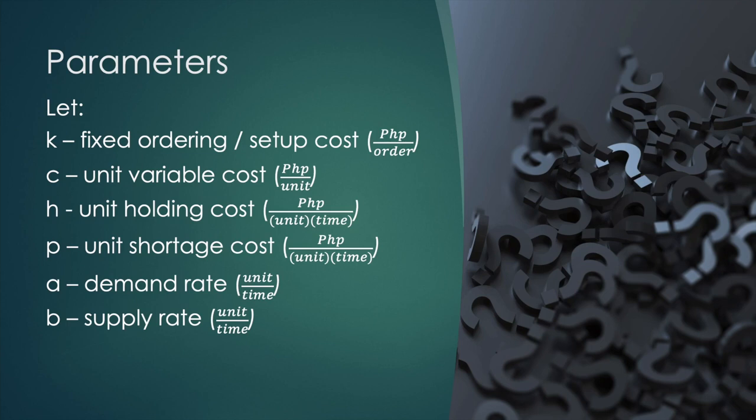Diba? Because the supplier is able to deliver 100 carats per day and Mortimer Middleman orders 300. Therefore, the number of days in which the order will be fulfilled is 3 days, and that is your supply rate, the 100 units per day, and we will use the letter B to denote the supply rate.